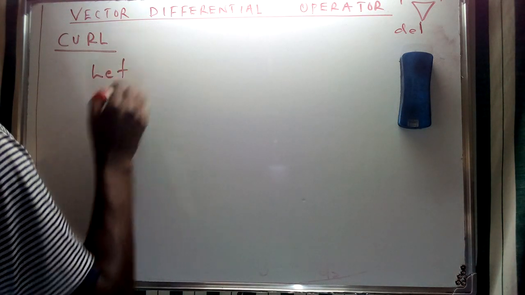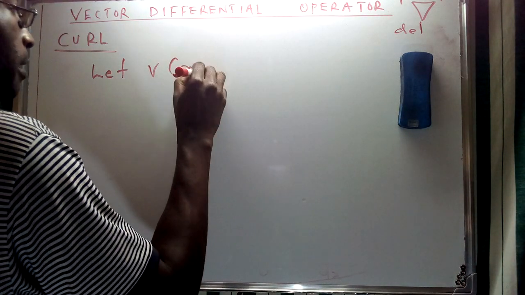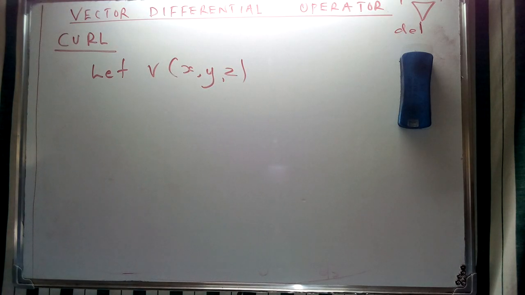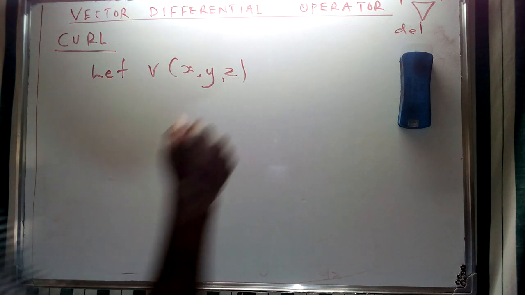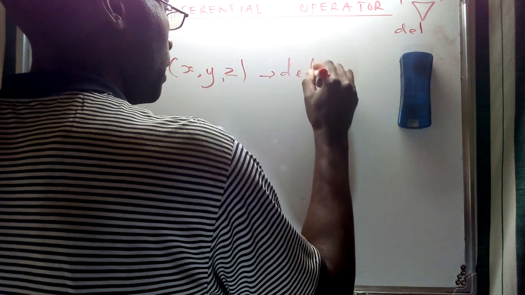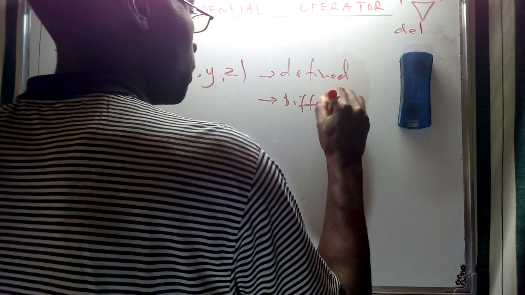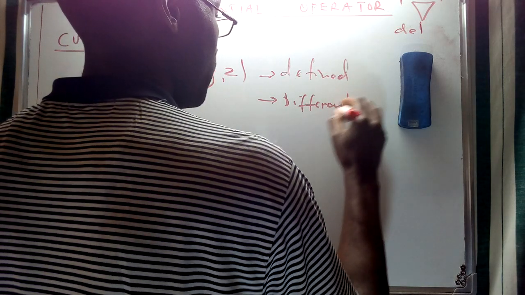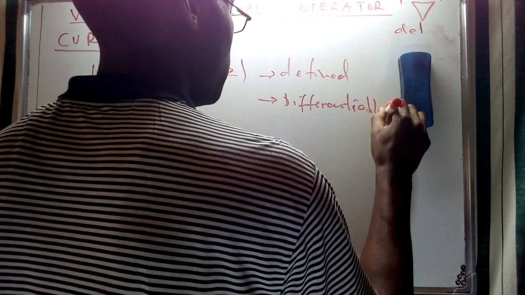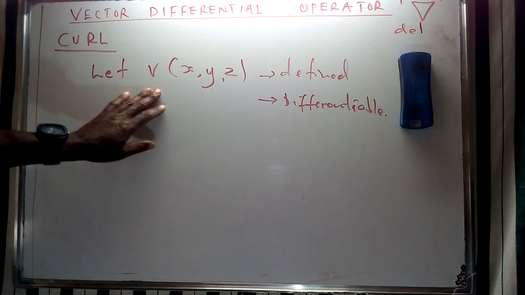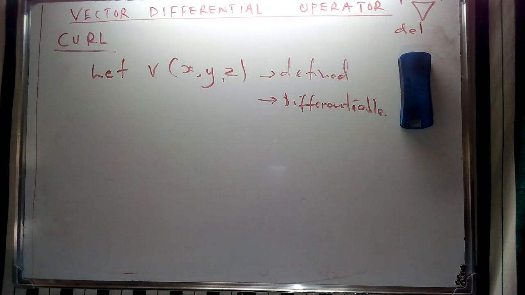So we say let v be a defined function, a unique function that is defined and differentiable at a point in a particular region in space, and therefore we're going to use that to describe the concept of a curl using this particular v, which is going to be a vector field.